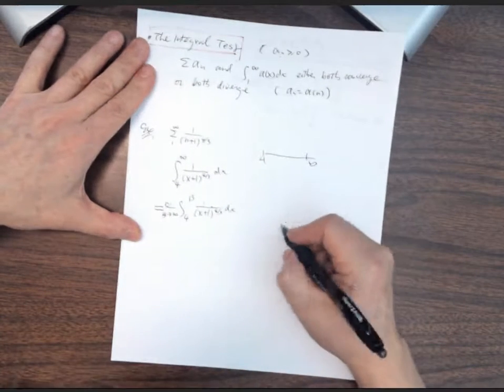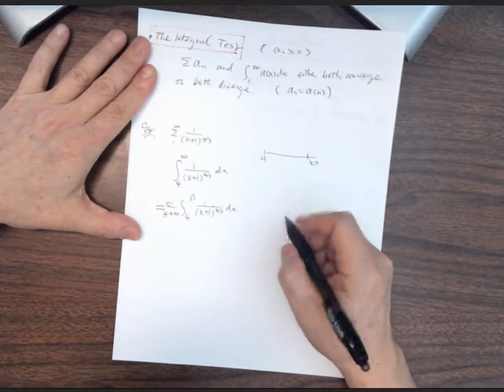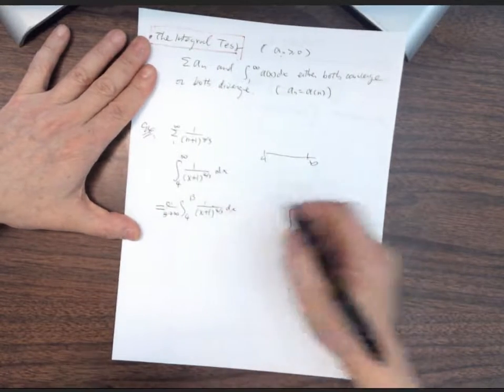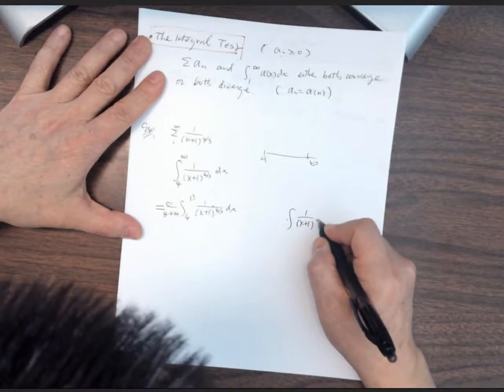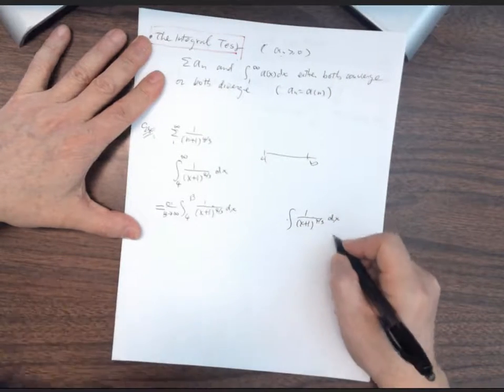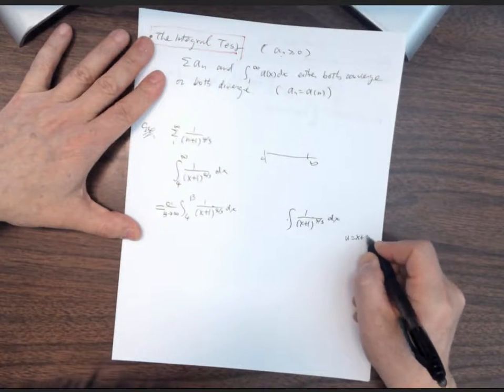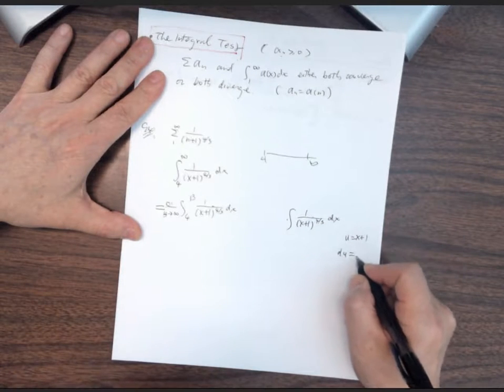Then we work out the integral first. On the side, let's find the antiderivative. Do a substitution, u equal to x plus 1, du equal to dx.